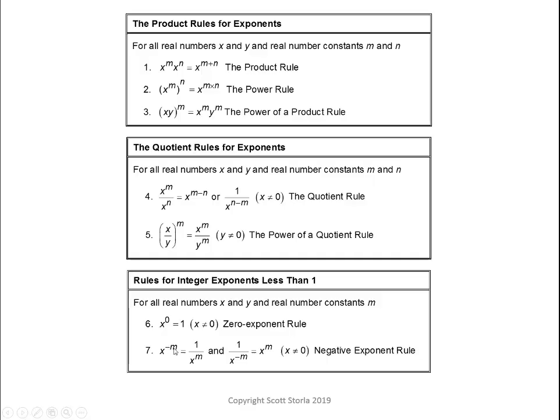So whatever your sign is in the original, when you take the reciprocal, you'll have the opposite of that sign. We still need a 1 up here, otherwise no one will know that the x with an exponent of m is in the denominator. It's only having a 1 in the numerator that allows us to see that.